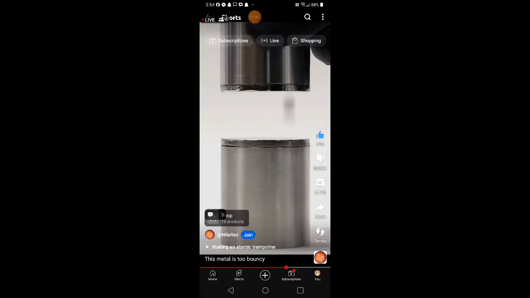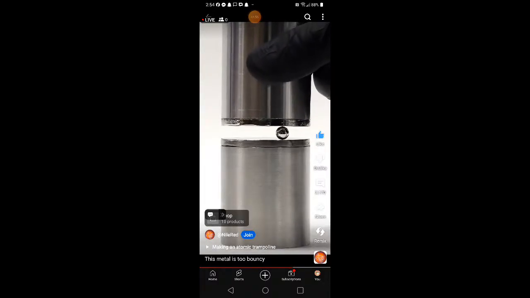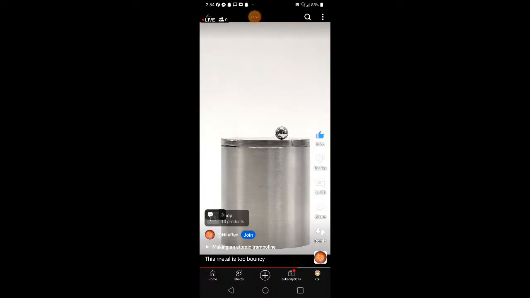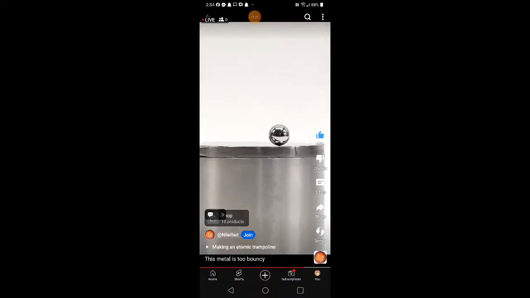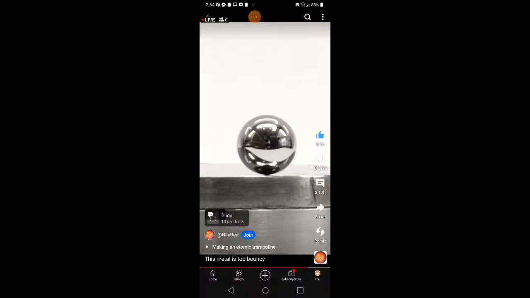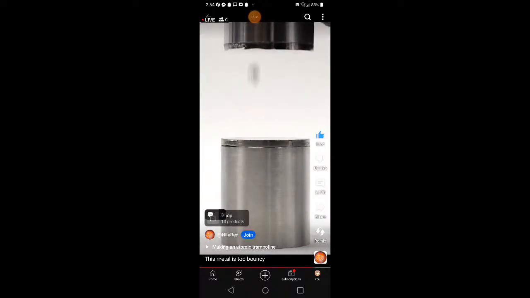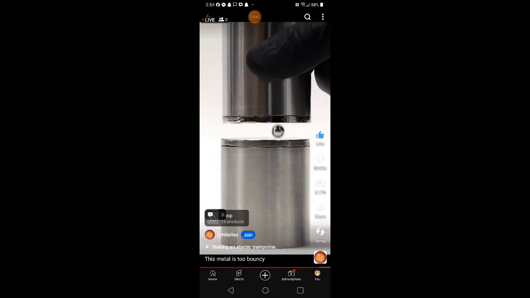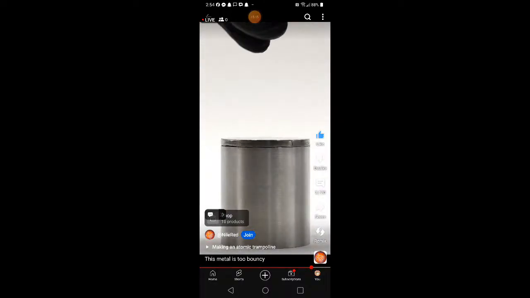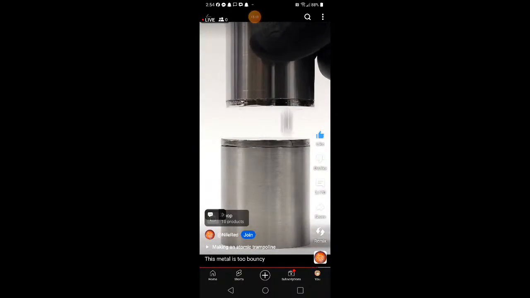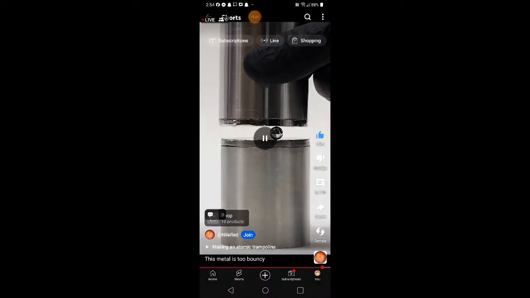But the super high-pitched sound that it makes tells me that it's bouncing a ridiculous number of times. At its peak, I could sometimes get it to bounce up to several thousand times per second. Play it again. That sound is awesome, dude. This is why I love science.